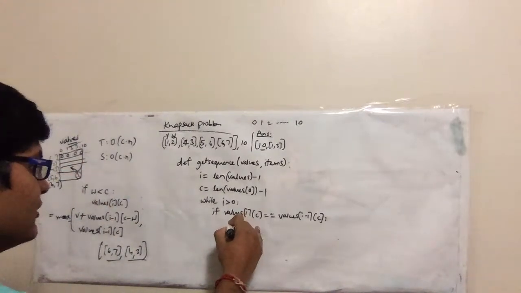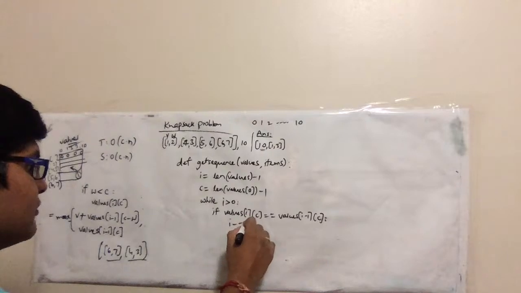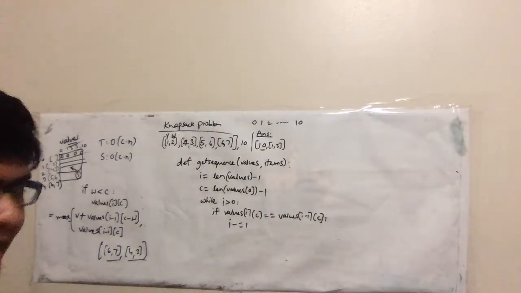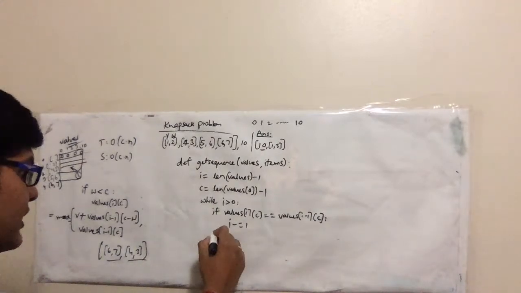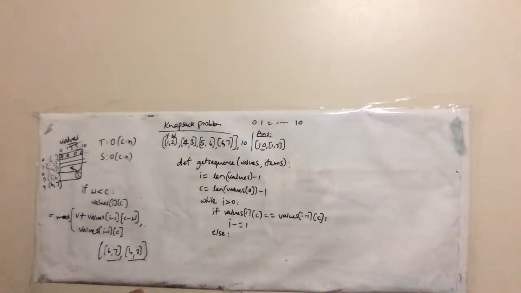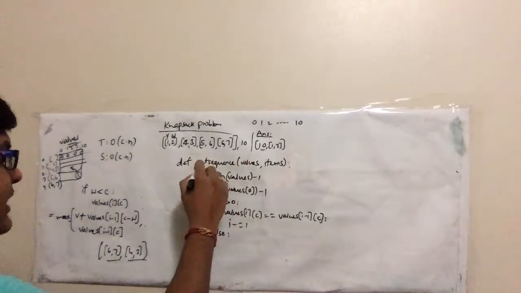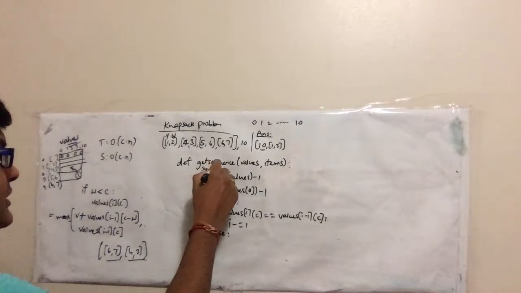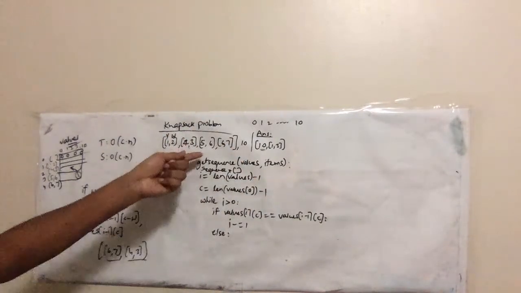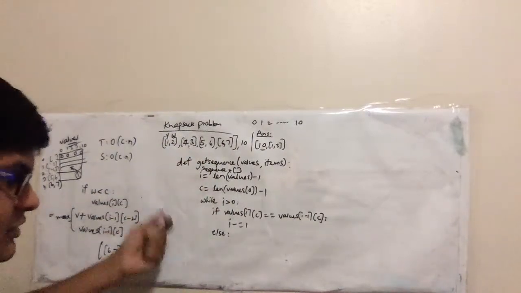What does this mean? We will just reduce the row by 1. If it is not equal, we need to grab that index and put it in some sequence. Say I will create a sequence array, which I would return to the previous function which we called there.